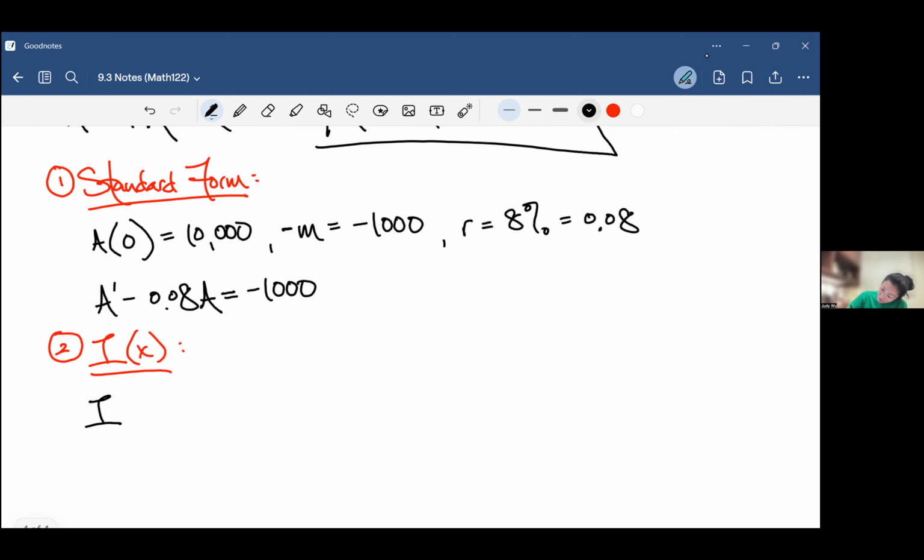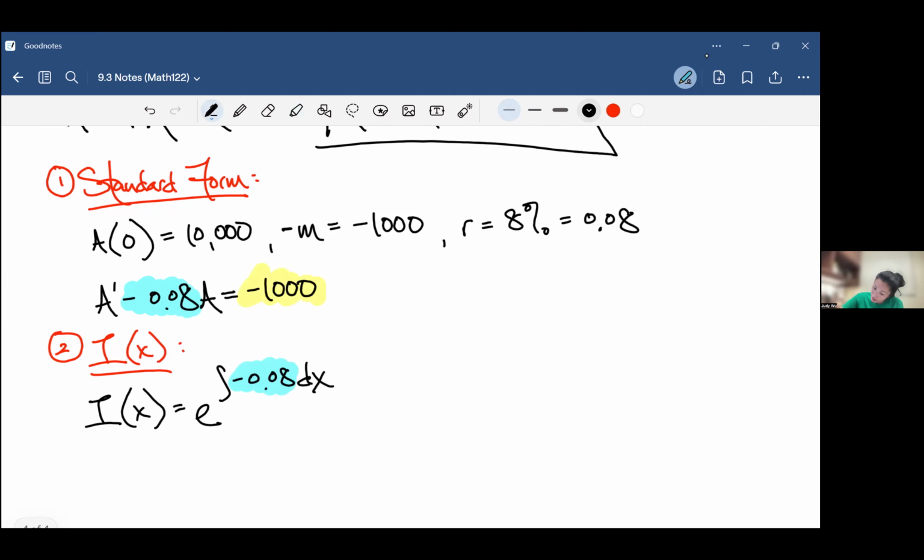Our integrating factor is e to the integral of our f of x, so negative 0.08 dx. That is our integrating factor.